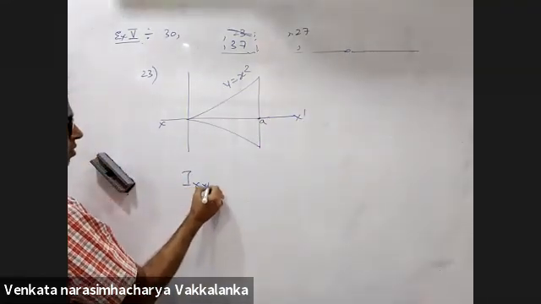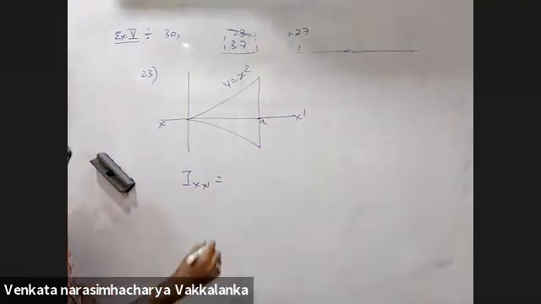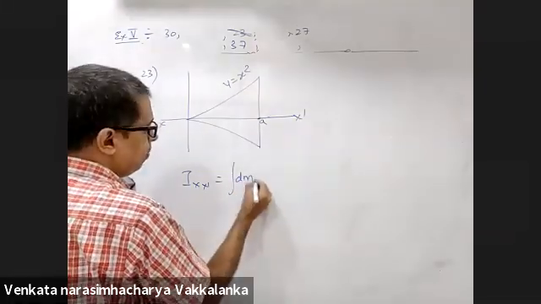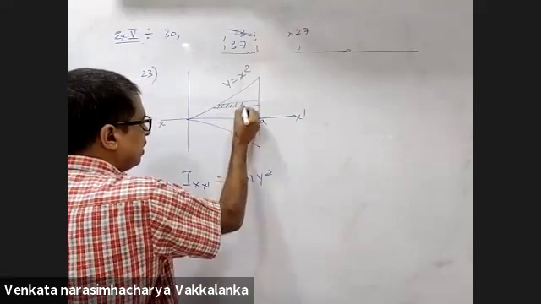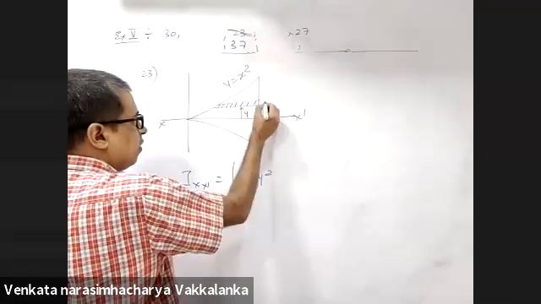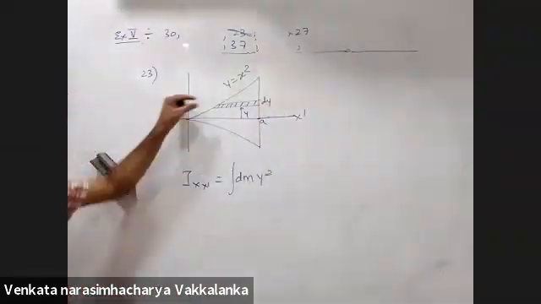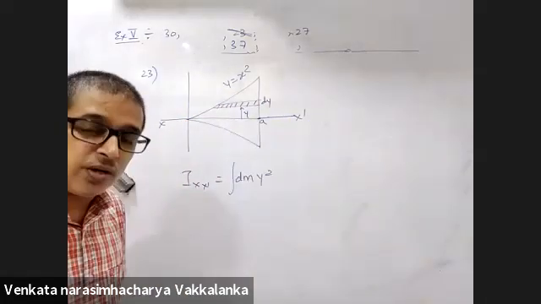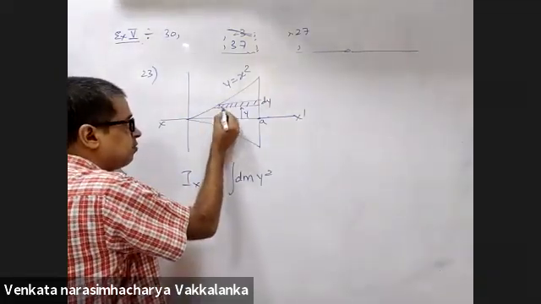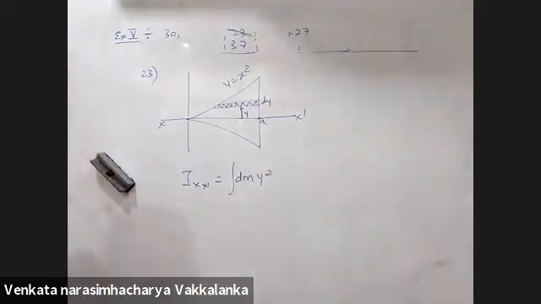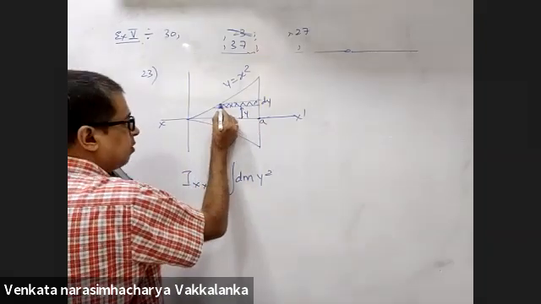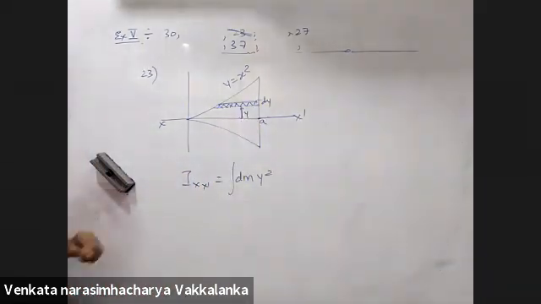I about xx dash will be equal to dm into y square. Consider an element here, dm, at a distance of y with thickness dy. It's a thin strip, but every point of this element is at the same distance y.